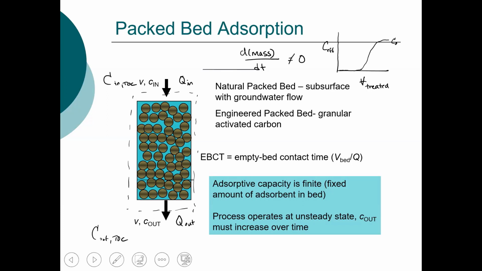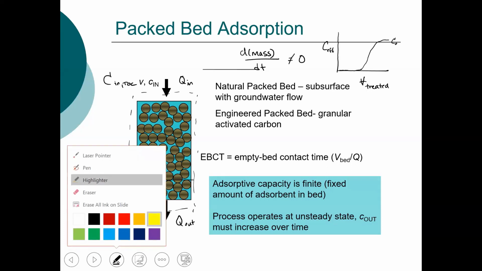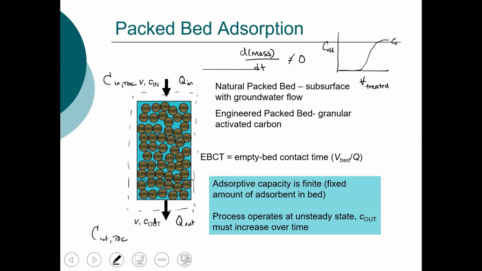A couple of terms that we will need to use are empty bed contact time. That is the volume of the bed, which means the volume of the media, divided by the flow rate. The other thing to remember is that the adsorptive capacity is finite.